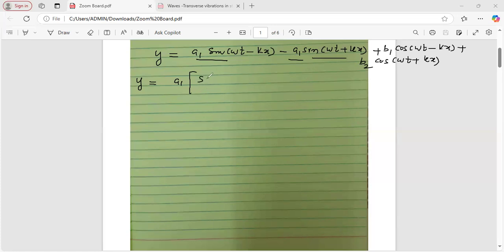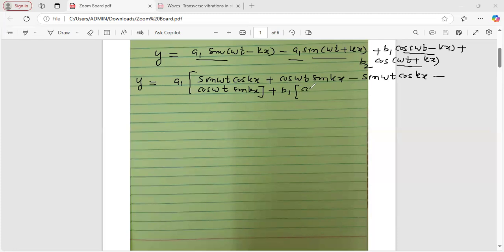Expanding that: sin ωt cos kx plus cos ωt sin kx, minus sin ωt cos kx, minus cos ωt sin kx. Plus the last two terms, B1 taking common: it is cos(A − B), this is cos(A + B).